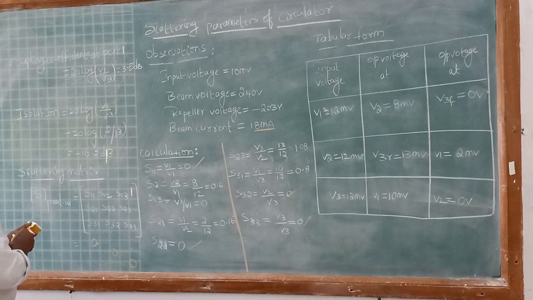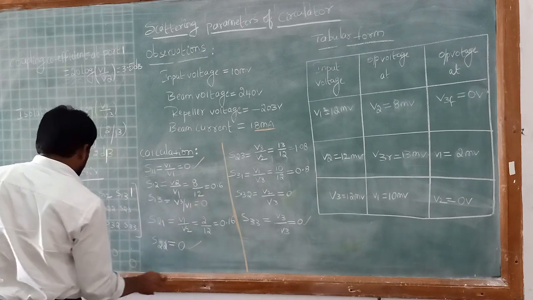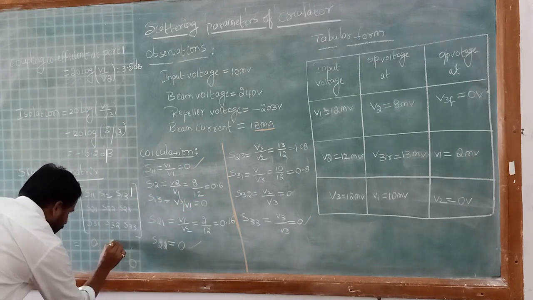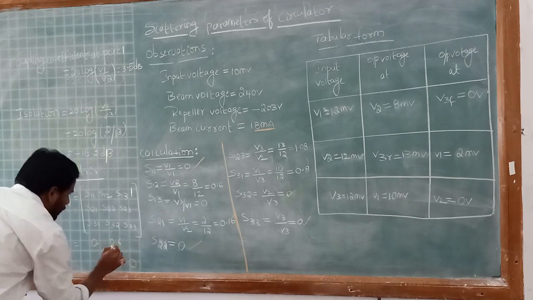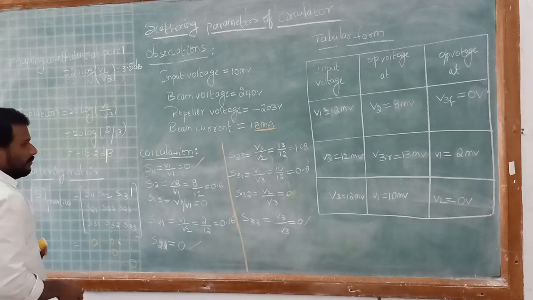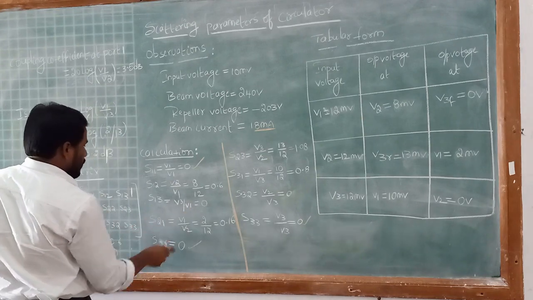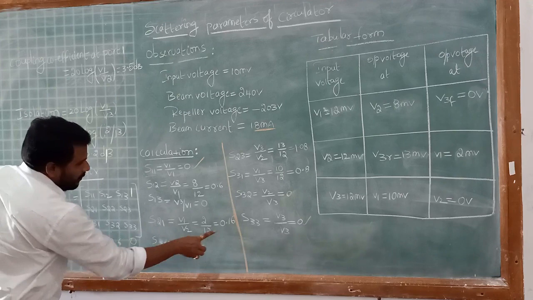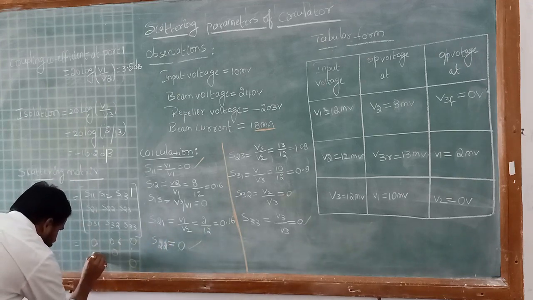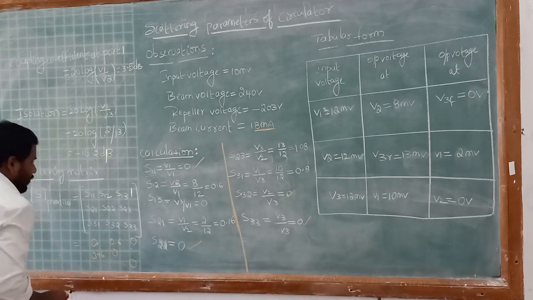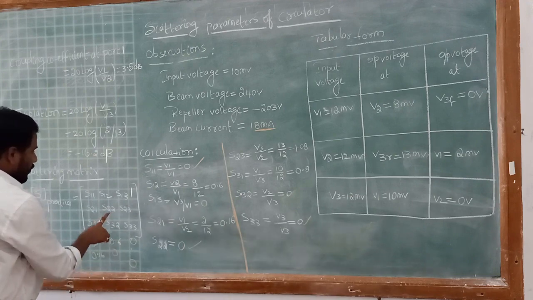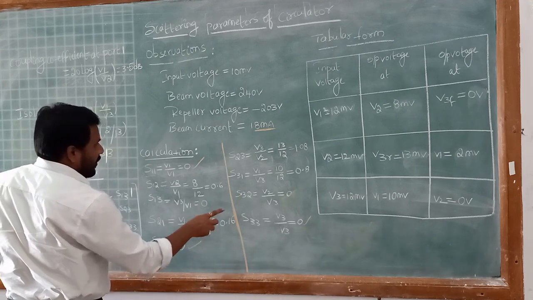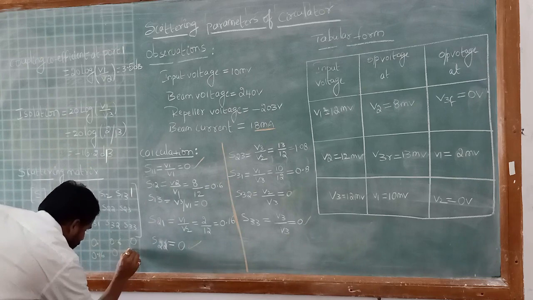Okay, let's see S12: 0.6. S13: 0. S21: 0.16. S22: 0. S23: 1.08.